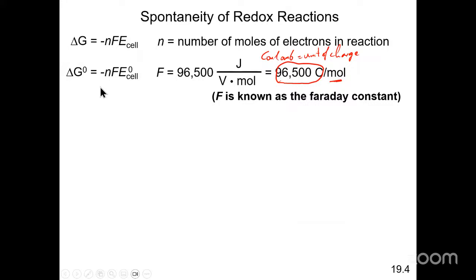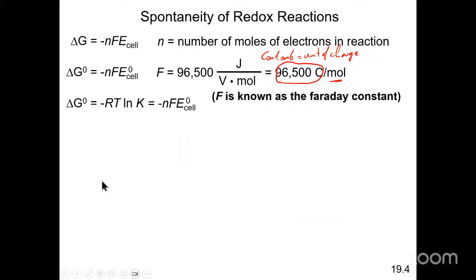and this is the equation which relates the standard free energy to the EMF of the cell. The only difference between them is that this gives you the free energy under standard conditions, and this is delta G for any conditions, including standard. Now, we know already that delta G standard is equal to minus RT ln K. Since delta G standard is equal to minus RT ln K, and delta G standard is also equal to this right here, we can equate these two.